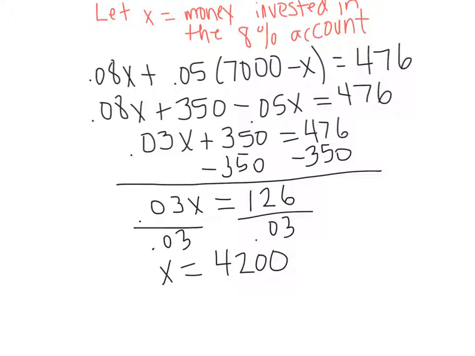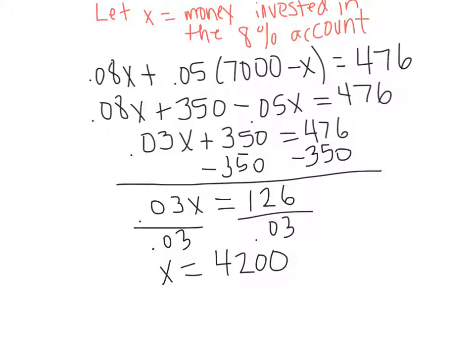So now you need to go back and answer the question. Go back and reread what it was. It asked, how much will he need to invest at each rate? So you need to go to your interest column and fill in the 4,200 for the x. No, I'm sorry.